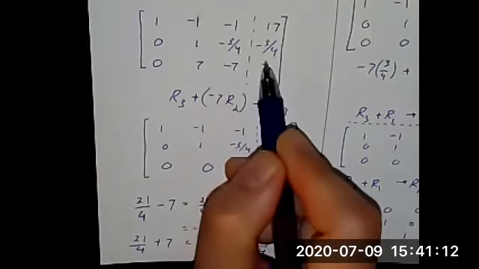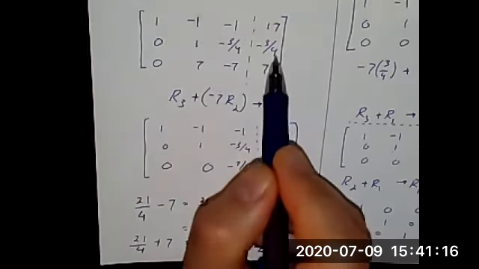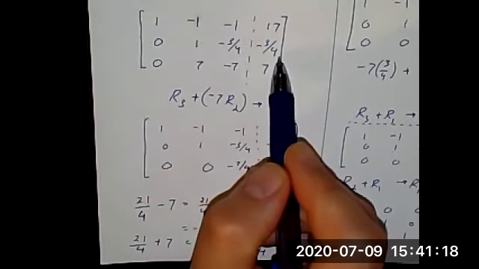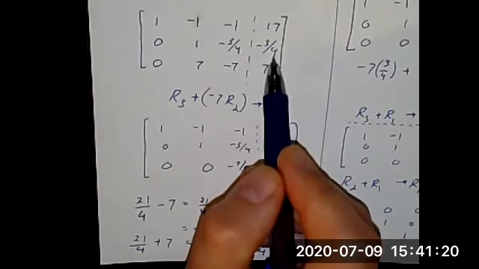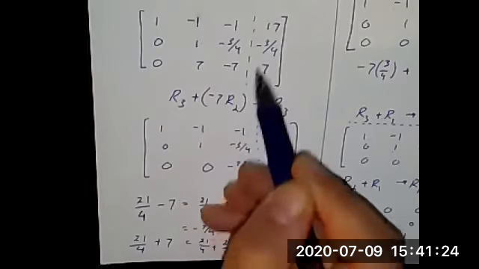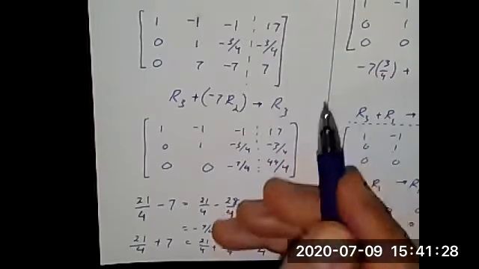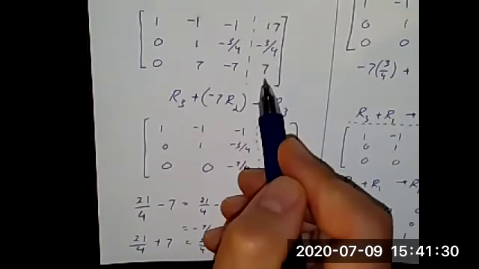Okay, the last thing is I really do need to multiply everything in this row, including the constants. Half of the time when students make a mistake, it's because they forget this last entry here. So -7 times -3/4 is going to be +21/4, and I have to add that to 7.